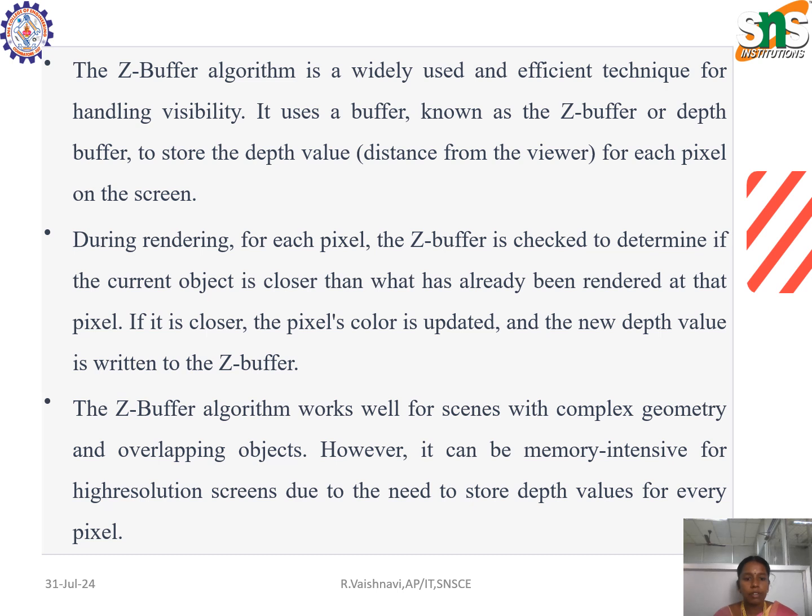Next point, if it is closer, the pixel color is updated and the new depth value is written to the Z buffer. Third point, the Z buffer algorithm works well for scenes with complex geometry and overlapping objects. However, it can be memory intensive for high resolution screens due to the need to store depth values for all the pixels.